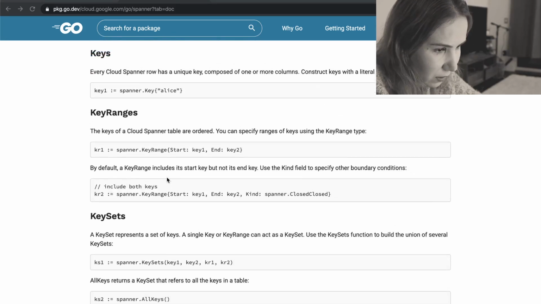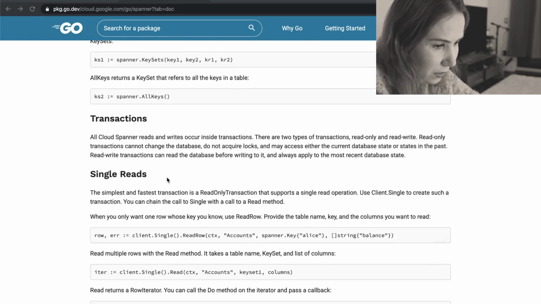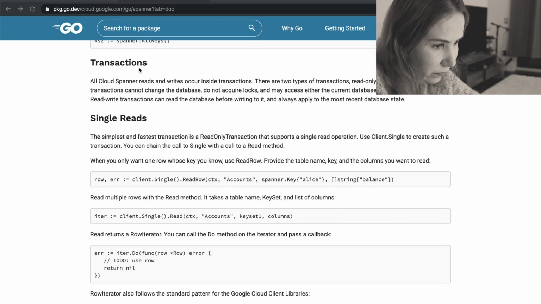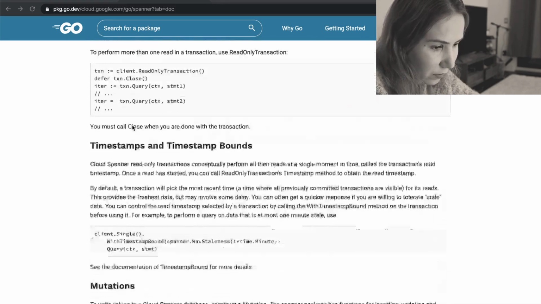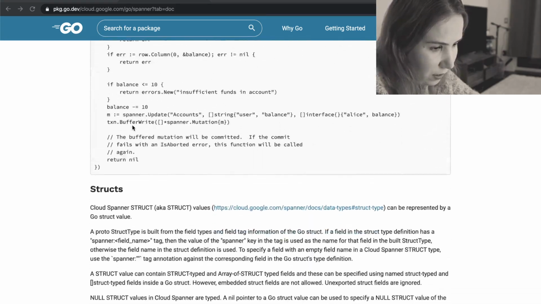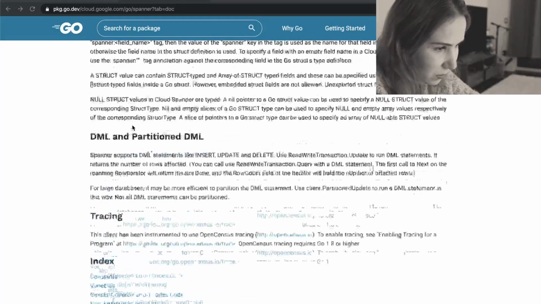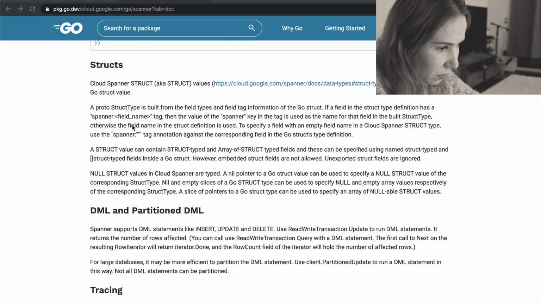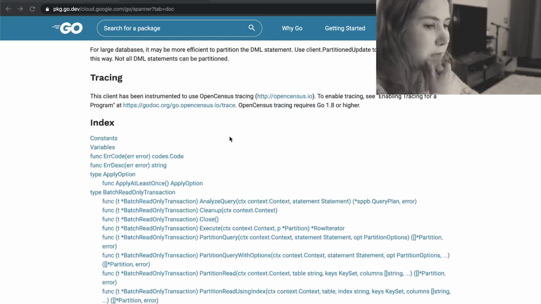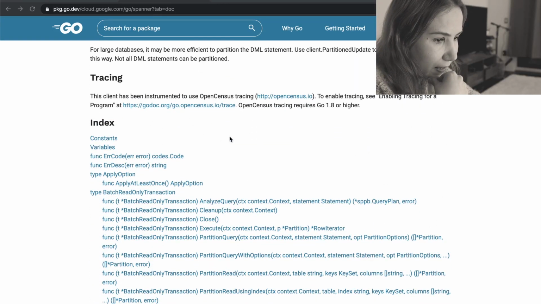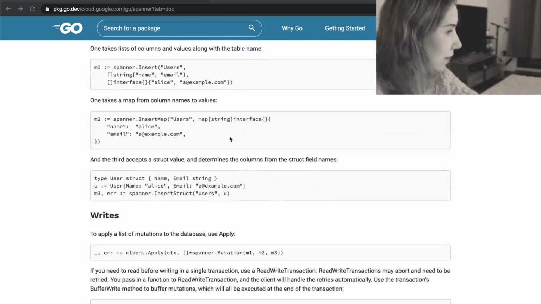It explains some of the concepts like keys, key ranges, that sort of stuff, as well as transactions, and so on. It is kind of hard to read actually because you see that there's not much of a structure maybe, but I can explain maybe some of the core concepts here.